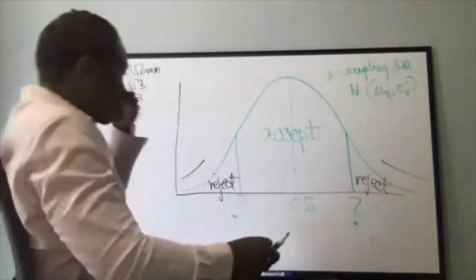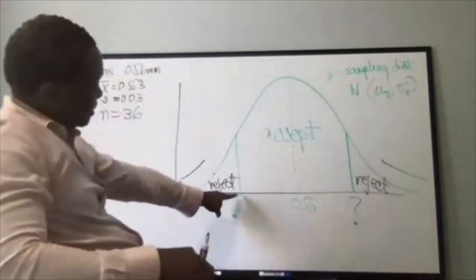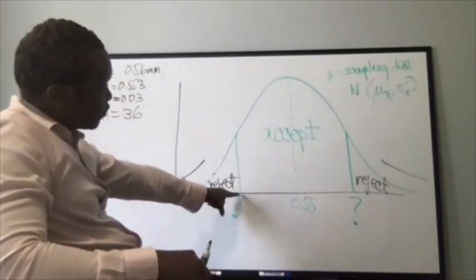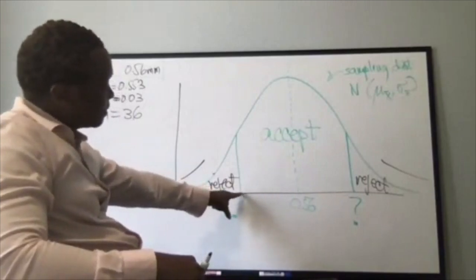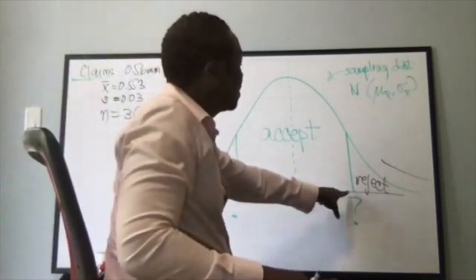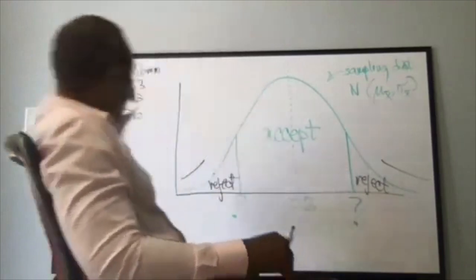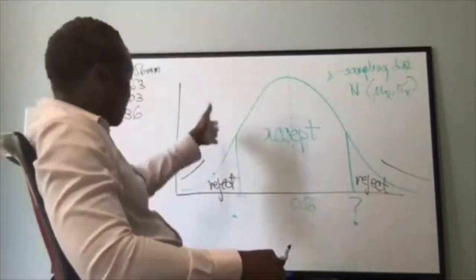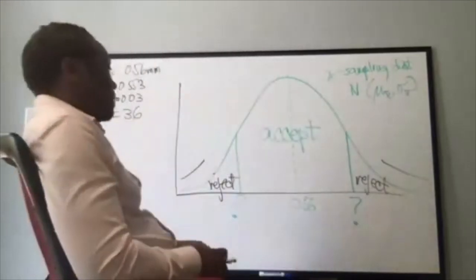So the whole point of the test really is to figure out at what point in the threshold do I magically go from accept to reject, send it back. And then on this side, at what point do I go from accept to reject? If this 0.53 in a sense ends up over here or over here, then that's going to determine whether I'm going to send the chalk back or not.